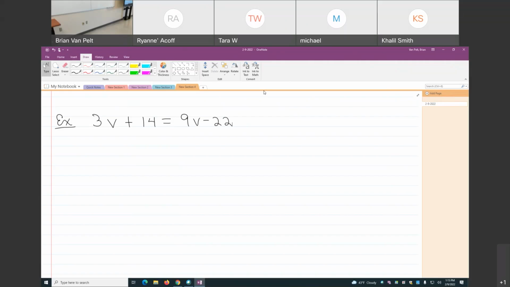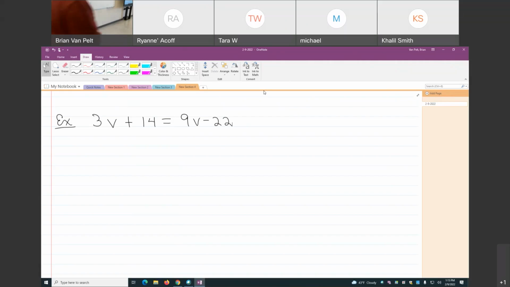If you attempt to make this look like the problem we just did before it, what would you do? Like, what would you combine? Well, they're on opposite sides of the equal, so you can't combine them.